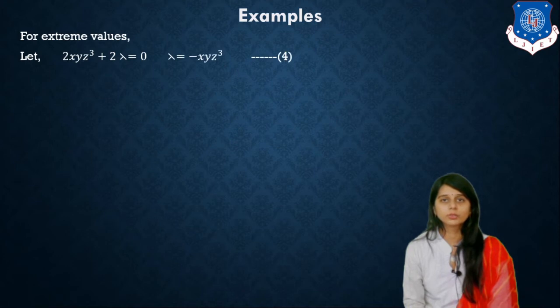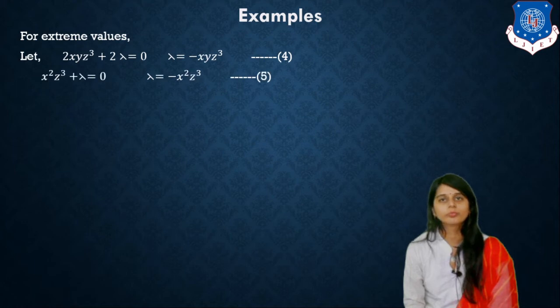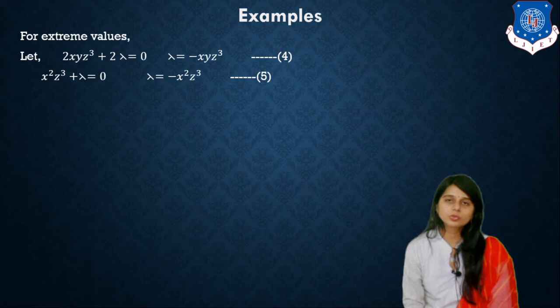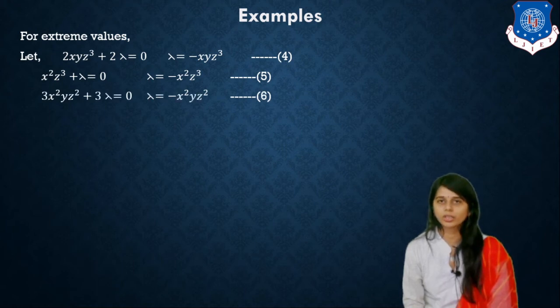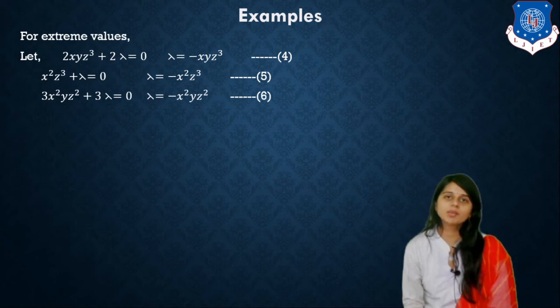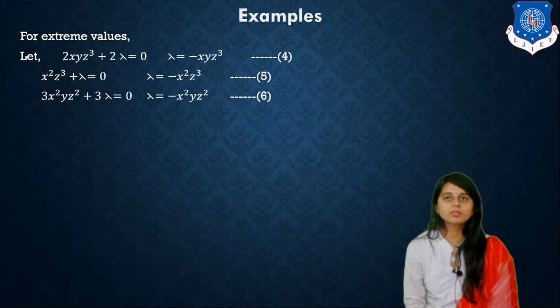For extreme values, 2xyz cube plus 2 lambda equal to 0, so lambda is minus xyz cube, equation 4. x square z cube plus lambda equal to 0, so lambda equal to minus x square z cube, equation 5. And 3x square y z square plus 3 lambda equal to 0, so lambda equal to minus x square y z square, equation 6.